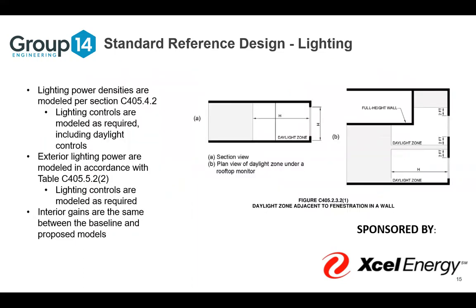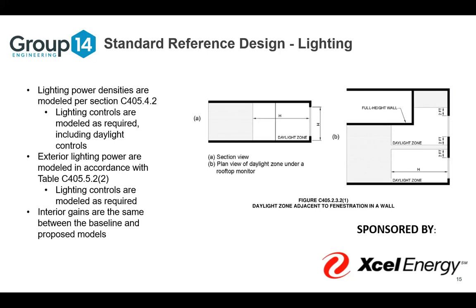So, more standard reference design notes here. The lighting power densities within your baseline are going to be modeled per section C405.4.2. That's where all of your space-by-space or building area method lighting power densities are.